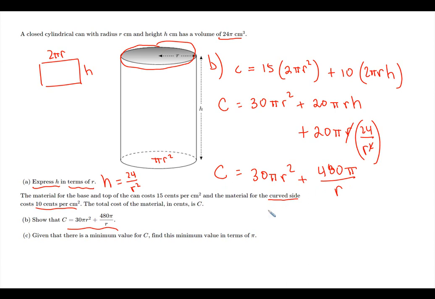So what we're going to do is take the derivative and set it equal to 0. Something really important though: let's say you were not able to do part B. That's fine, just use the given equation and you can still do part C. Keep that in mind.